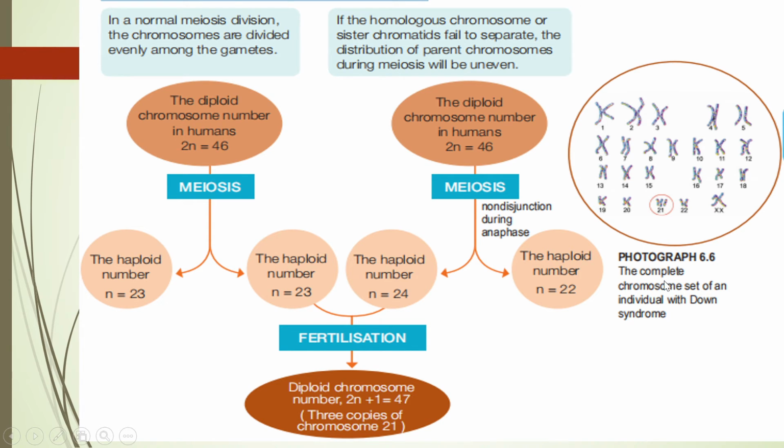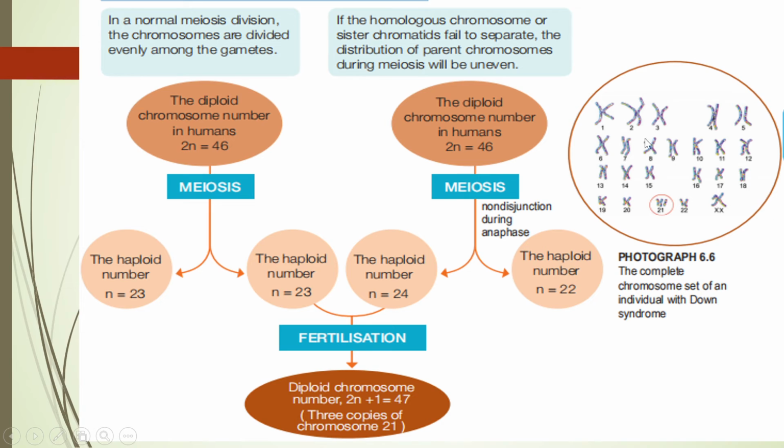Okay, this photograph shows the complete chromosome set of an individual with Down syndrome. In a normal individual, all from 1 to 23 will have two sets, two pairs, right?